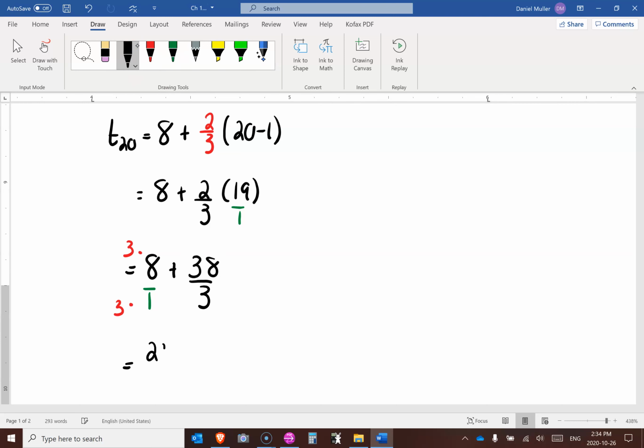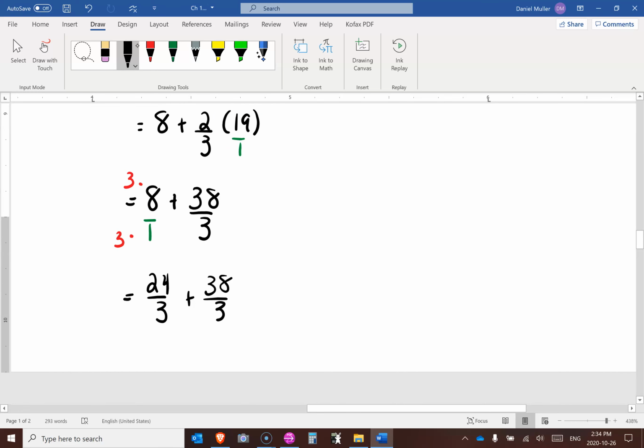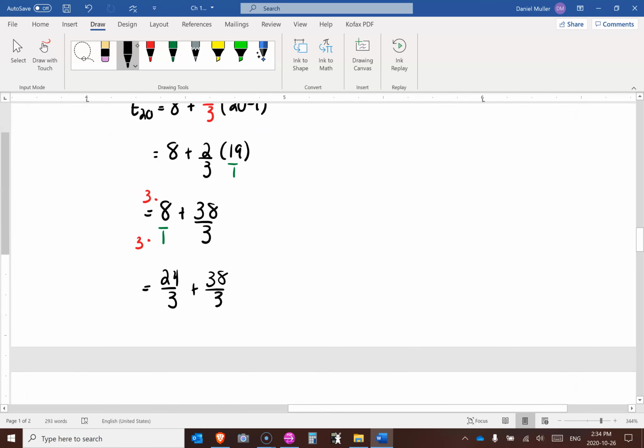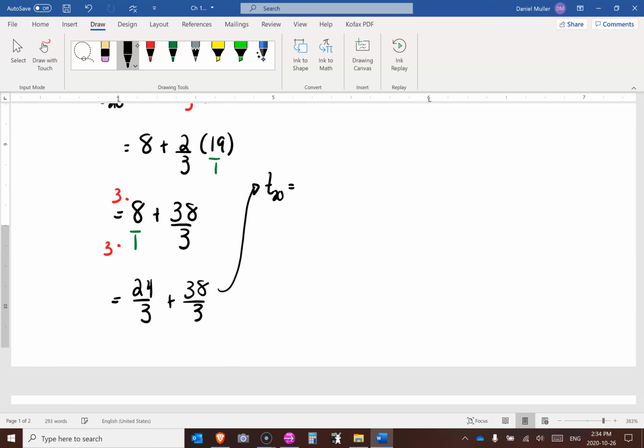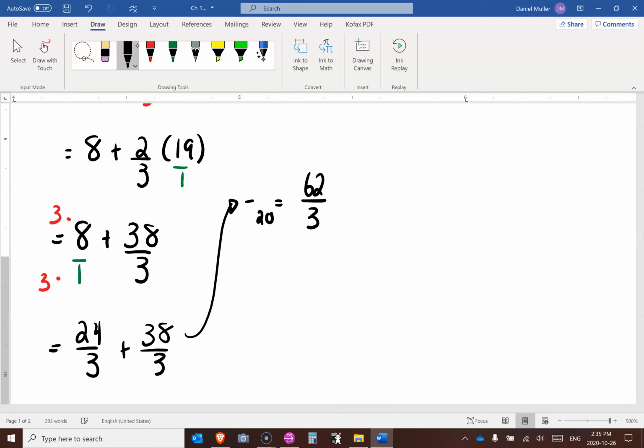So I get 24 over 3 plus 38 over 3, which equals, I've run out of room. So T20 is equal to 62 over 3. And I don't think that can be reduced, because 60 could be, so 62 can't.